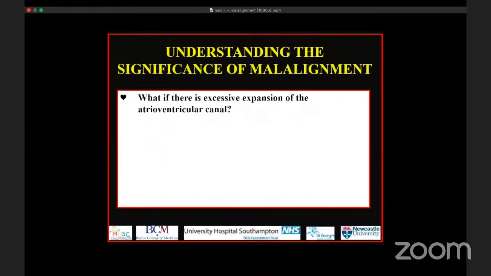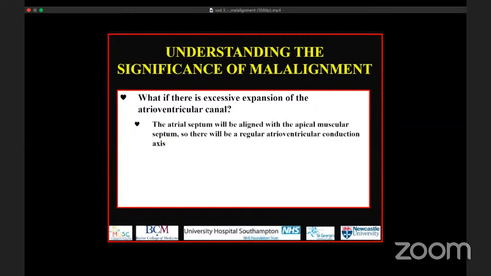So now we've looked at incomplete expansion of the atrioventricular canal, and Andrew has shown you how that influences malalignment between the atrial septum and the crest of the muscular ventricular septum. But now we can take it a stage further, because not only can there be incomplete expansion, but as you see, there can also be excessive expansion of the atrioventricular canal.